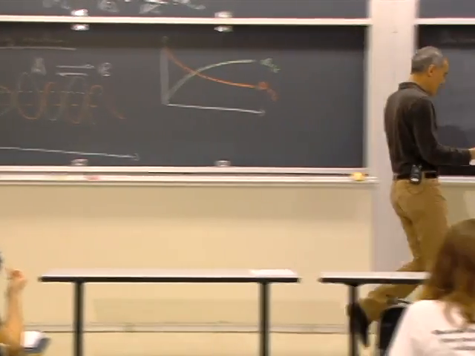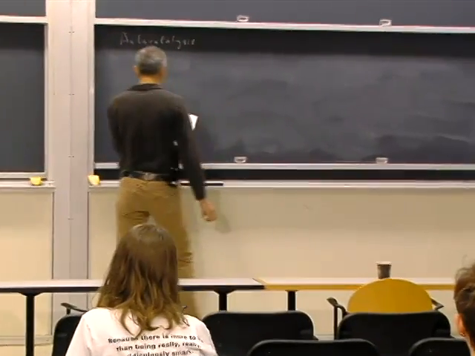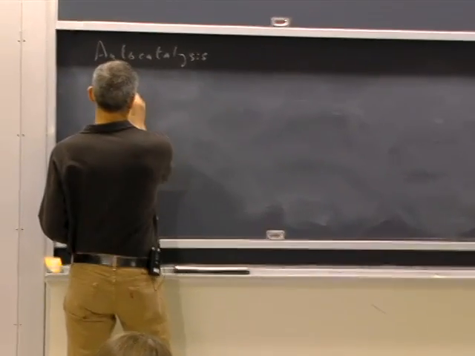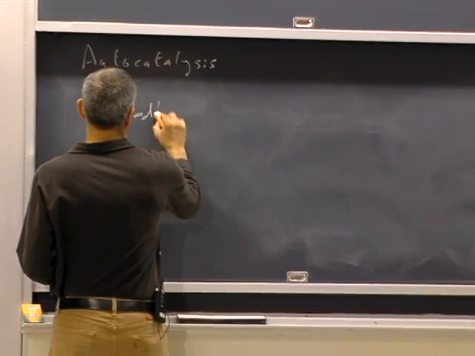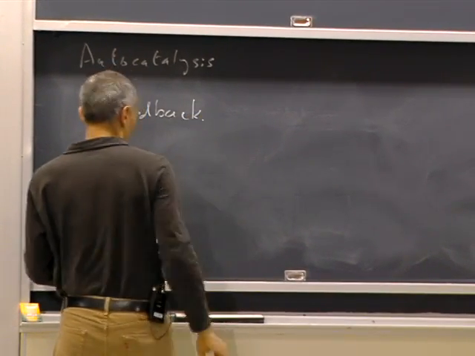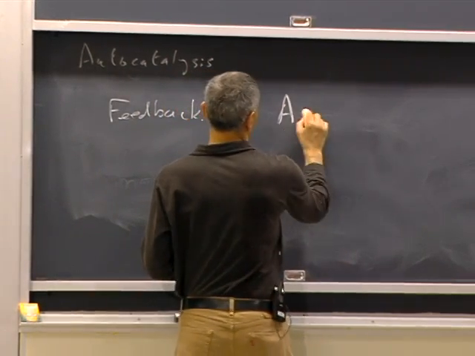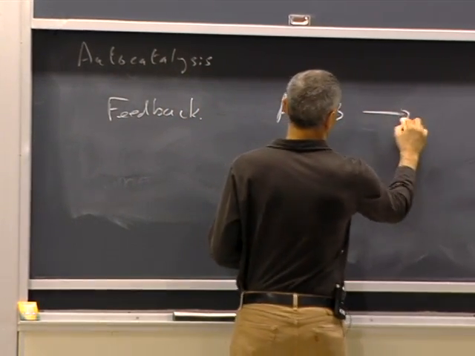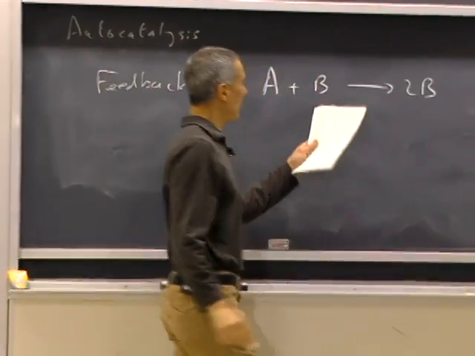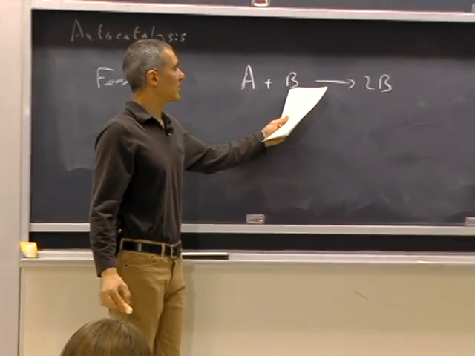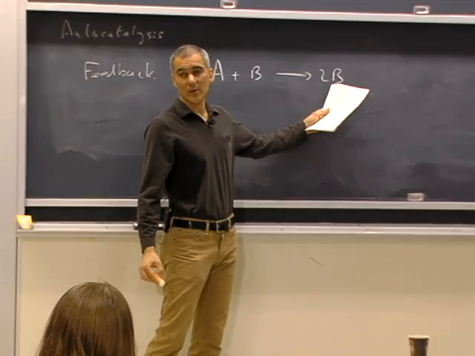And the way you get this feedback is by having a step in the mechanism that has both a molecule as part of the reactants and as part of the product.